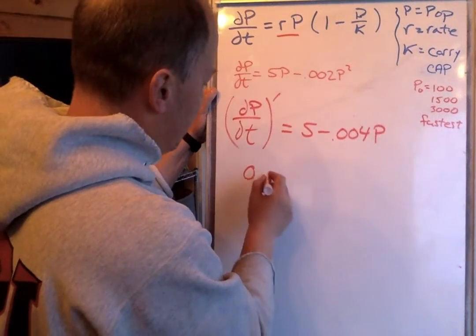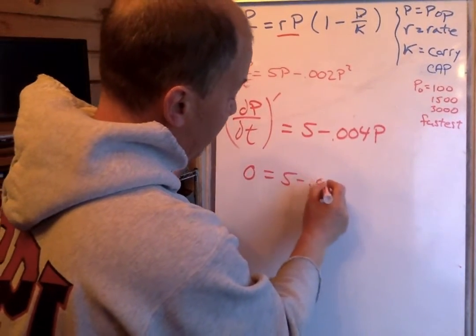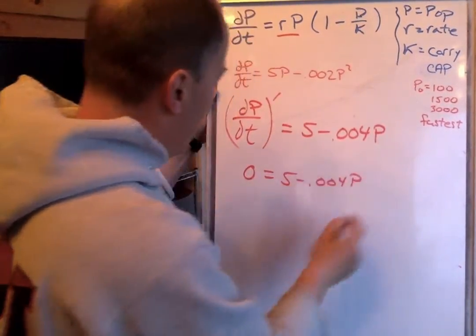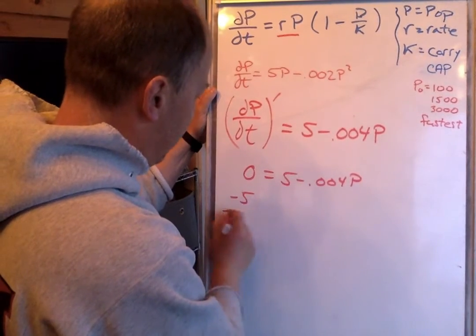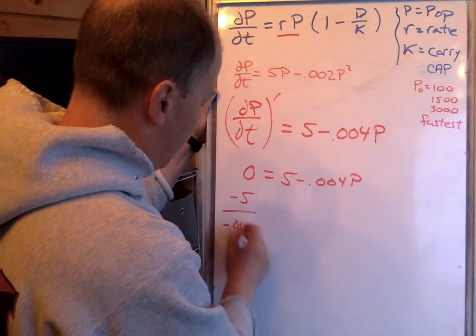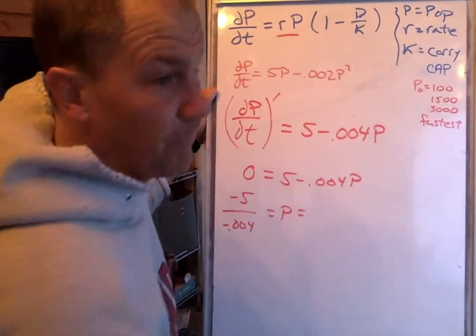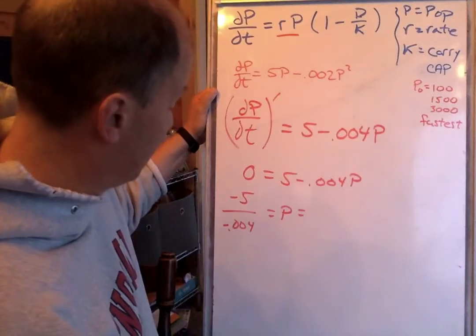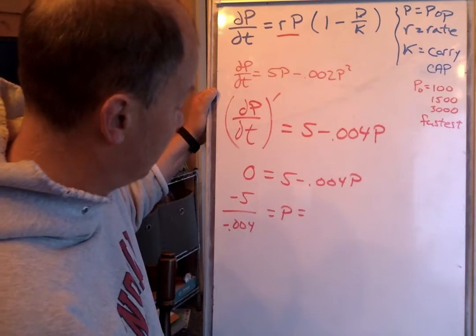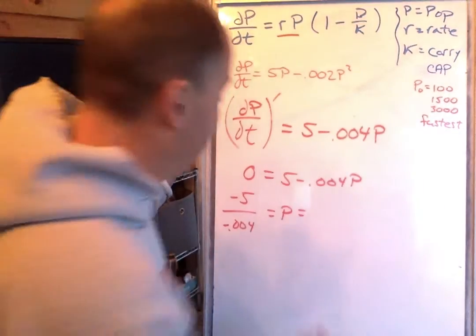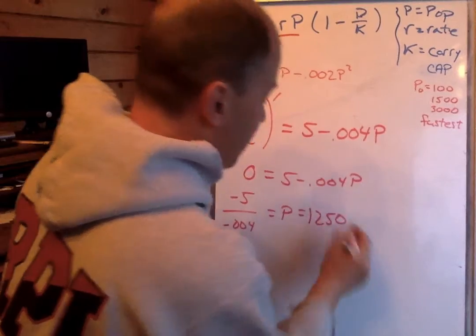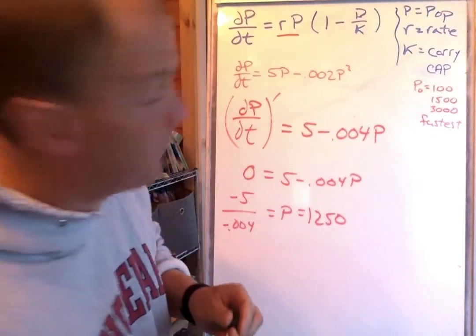We set this equal to 0. Now we've got a linear equation that we're solving. So we subtract 5, divide by negative 0.004, and that equals p. And we will very quickly find out that this answer is 1,250. So when the population is 1,250, it's growing the fastest.